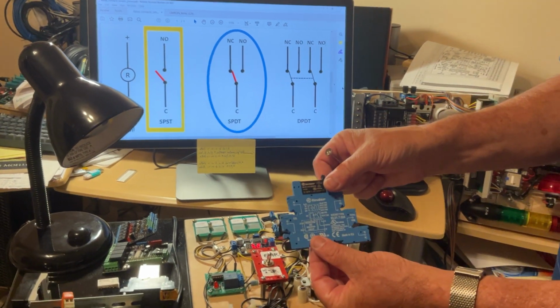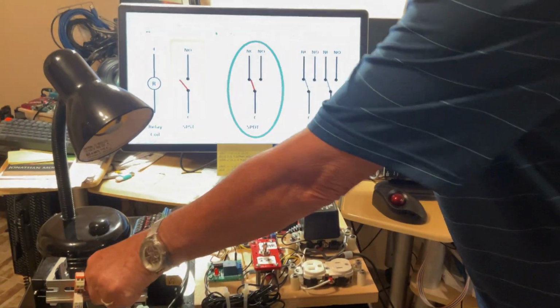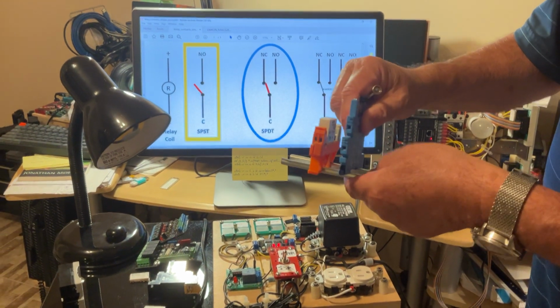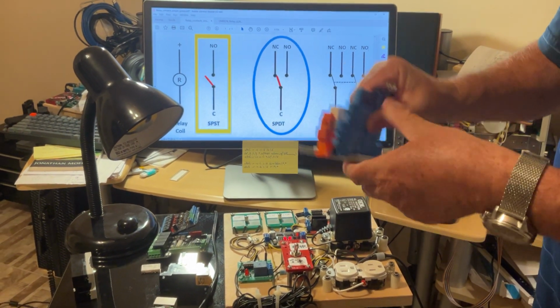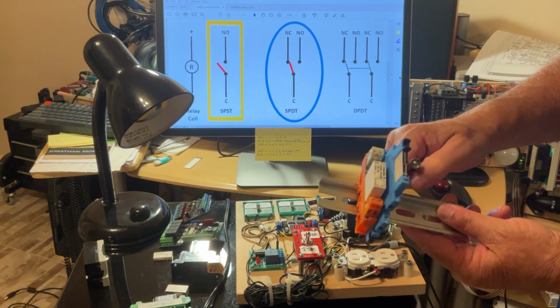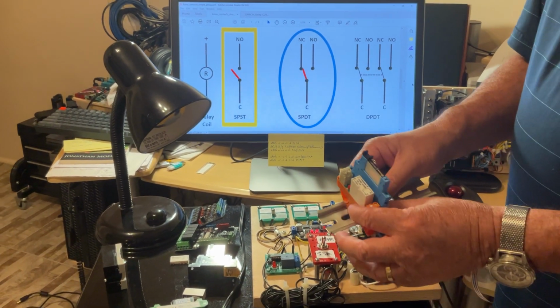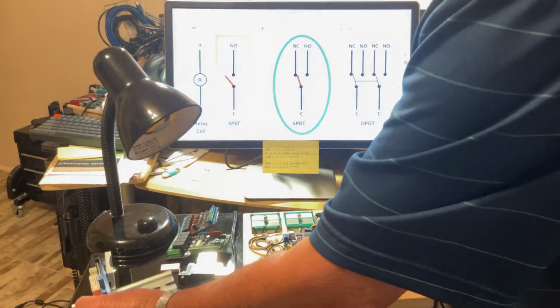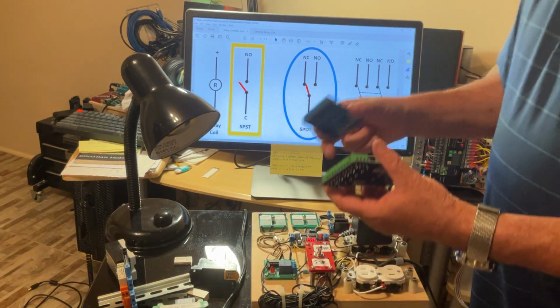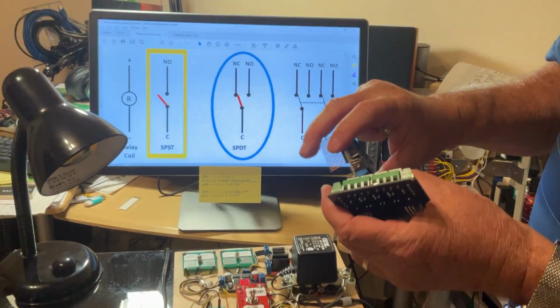So these are the kind of arrangements you can find, and obviously, like the other one, it's very easy to place over a DIN rail, so you can put a lot of them one after the other, making a big assembly of relays on a DIN rail. So far so good.